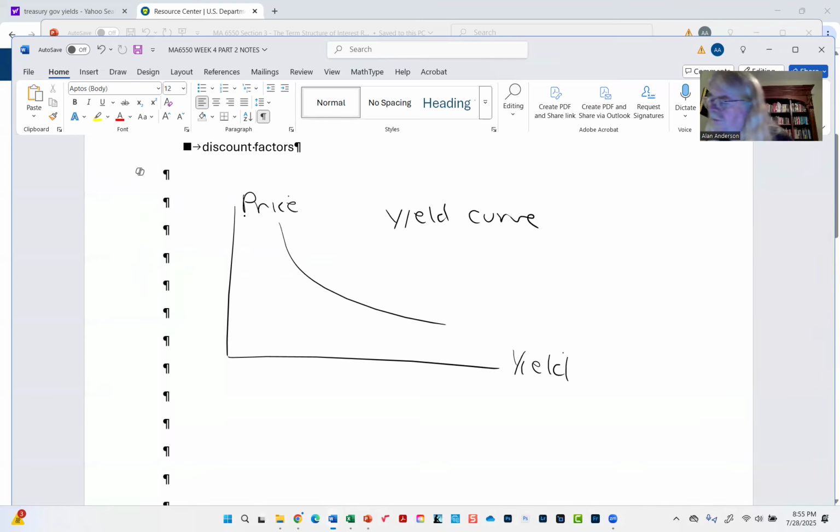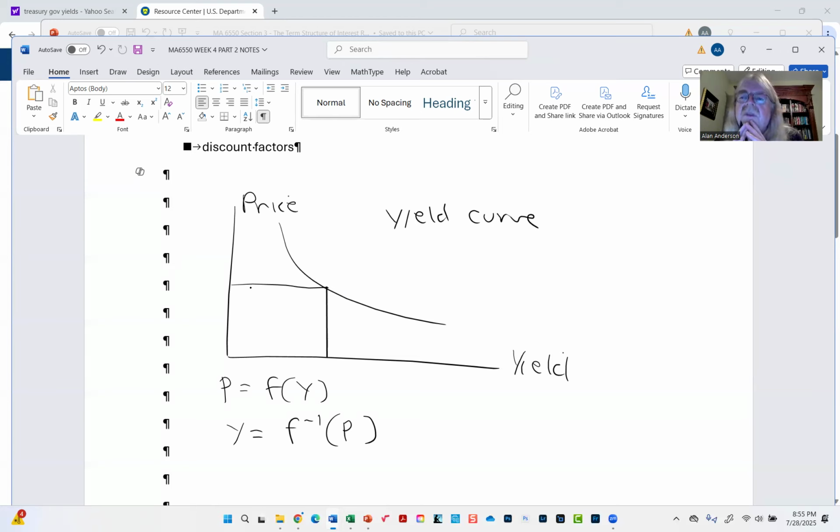And that means what I can do is one of two things. Given a yield, I can come up with a price. So in other words, the price is a function of the yield, but the yield can be thought of as the inverse function of the price. So they're inverses of each other. And we know that there must be an inverse because the curve is monotonic.